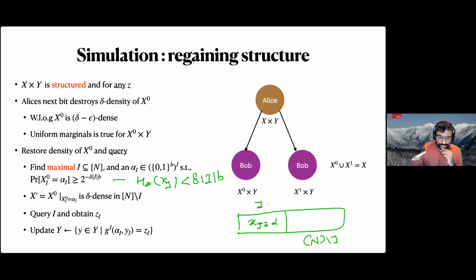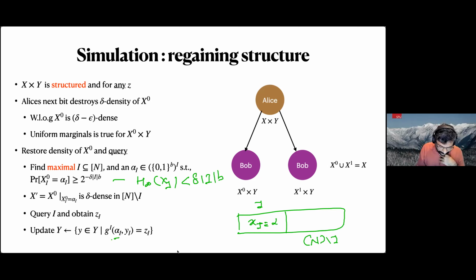Now we would like to only think about the gadget output on those blocks. So what we do is we query I. At this point we query I and obtain the query answer zi on these locations. Once we obtain these query answers, we need to make sure that the set of inputs we are working with is consistent with the query answer.